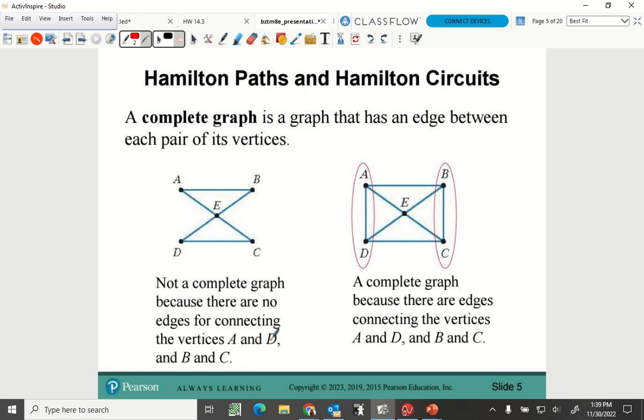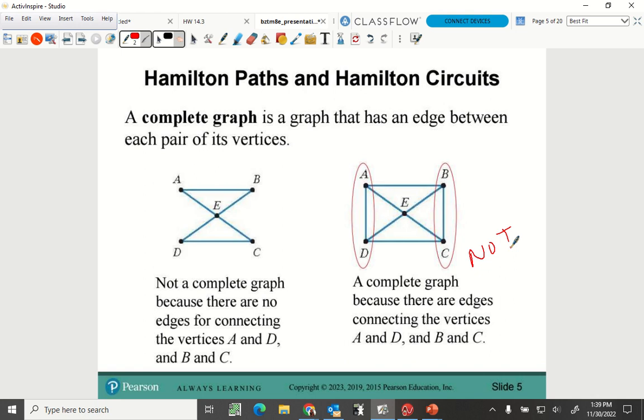But the problem is, I don't like this answer because this one actually is still not. Is that connecting A and C? Am I going directly from A to C? No, they're not.